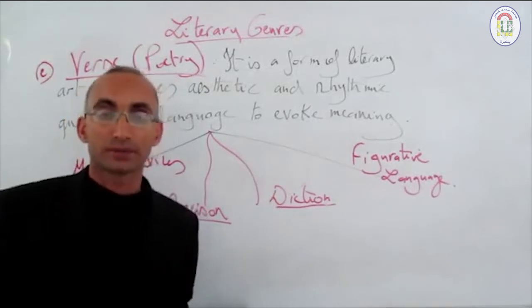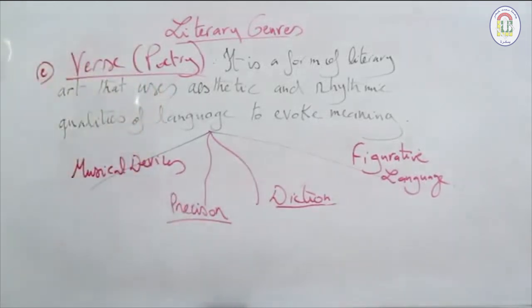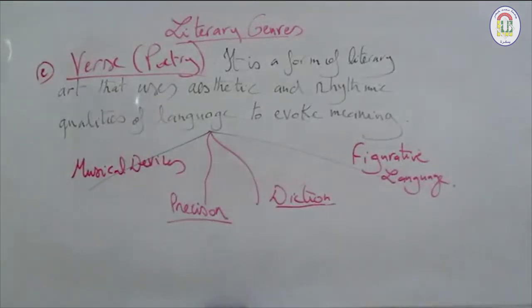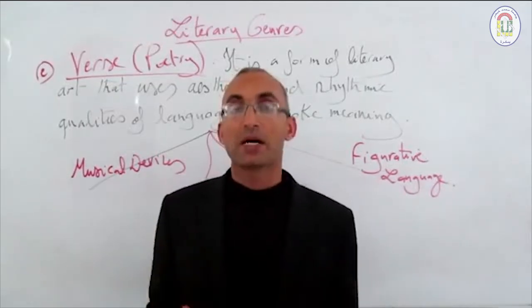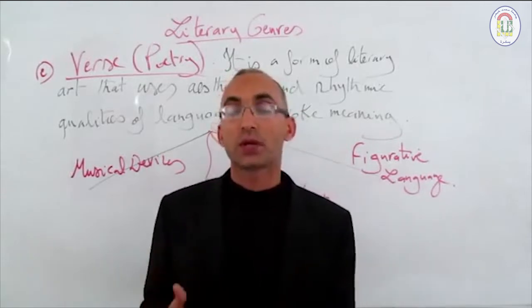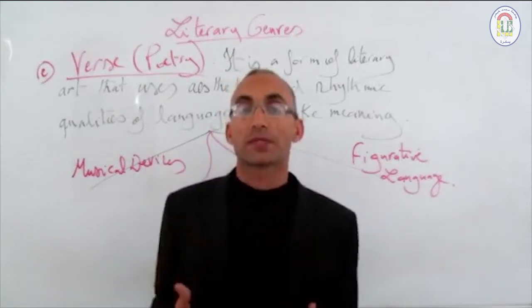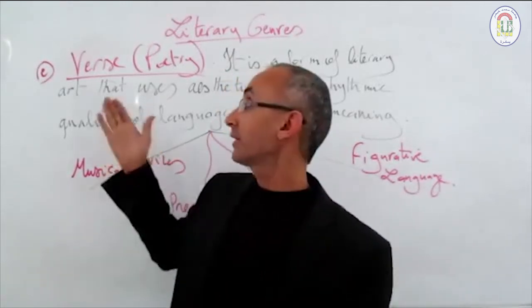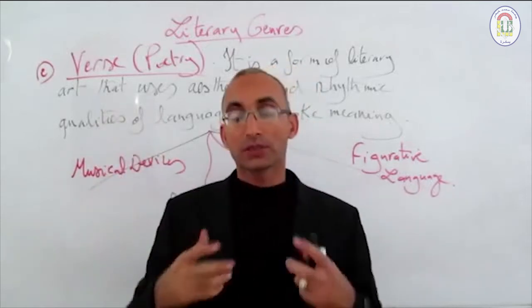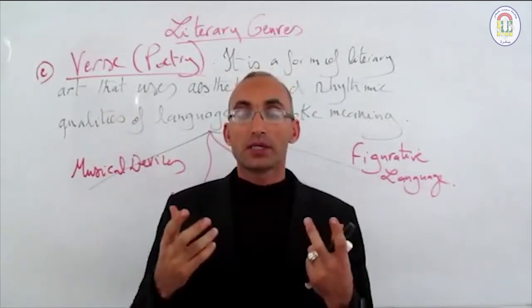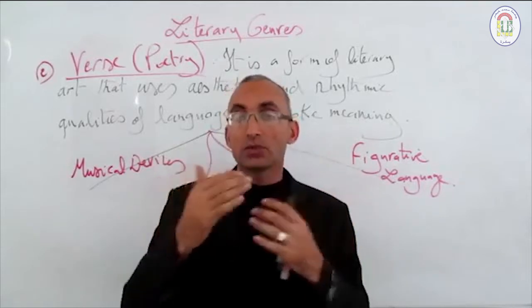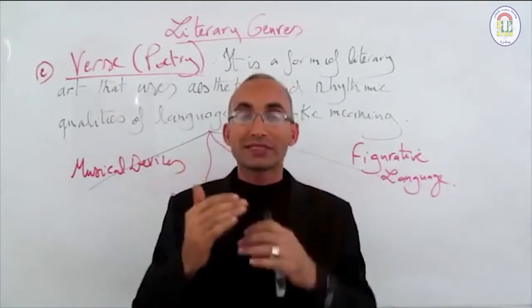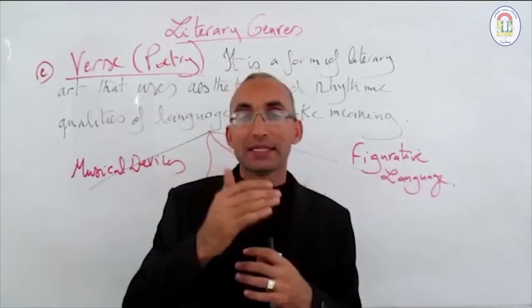Now let's move on to the next and last main prominent genre, which is drama. The third genre, drama, is also different from the two previous genres, I mean prose and verse. Because in drama we have plays, which are usually divided into scenes and acts, or acts and scenes.